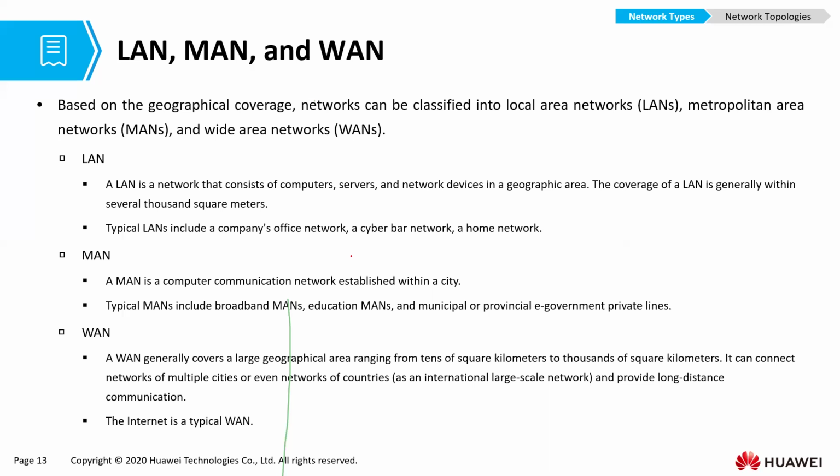But for now, let's just define it in terms of coverage. Local area network, smaller size. Metropolitan, municipal, provincial networks, a bit bigger. Then a wide area network can cover the whole country, the whole world. A perfect example of a wide area network is the internet. The internet is a typical wide area network.